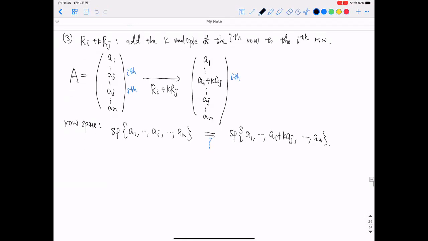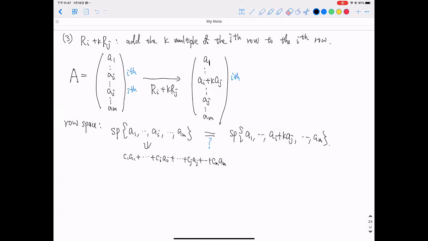To check this, we're going to do exactly what we did before. We're going to pick a random element from, say, the row space of A. That's a linear combination with coefficients like that.